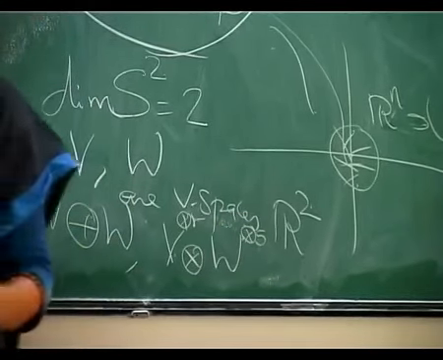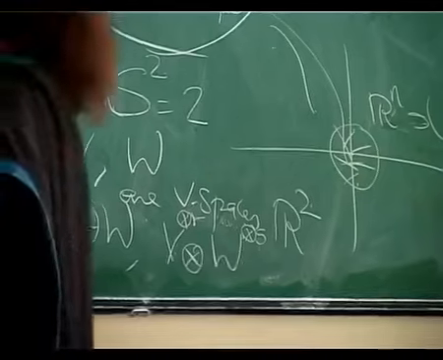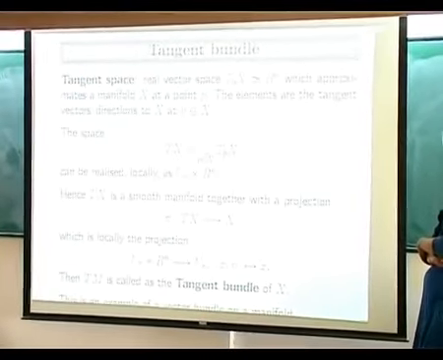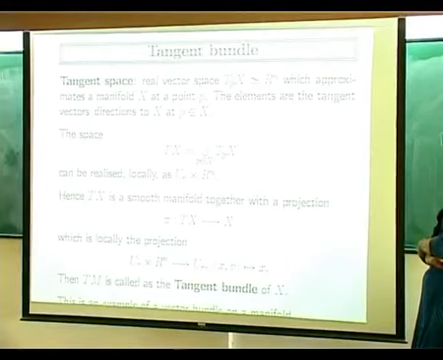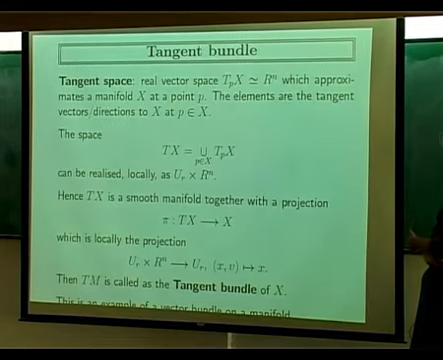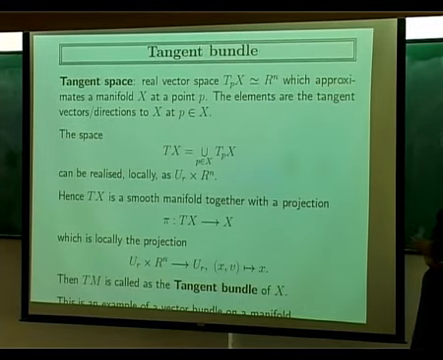So you can do several operations with vector spaces, and all those operations can be carried out on the tangent bundle as well. For example, you have gotten hold of your TX, so then you can take its direct sum with itself several times, so that gives you several copies of the tangent bundle, and that still has a manifold structure.